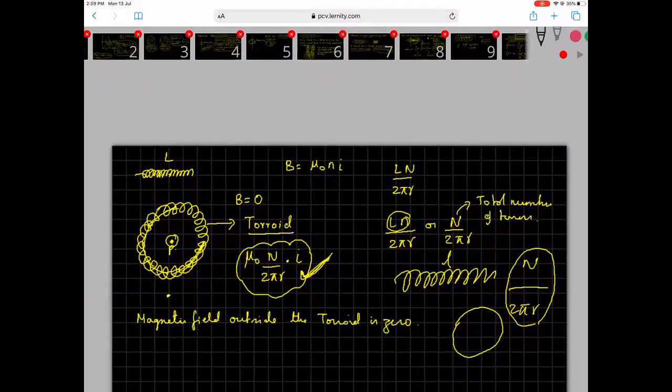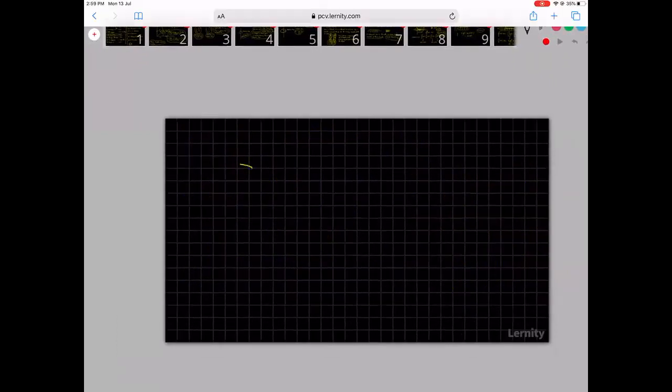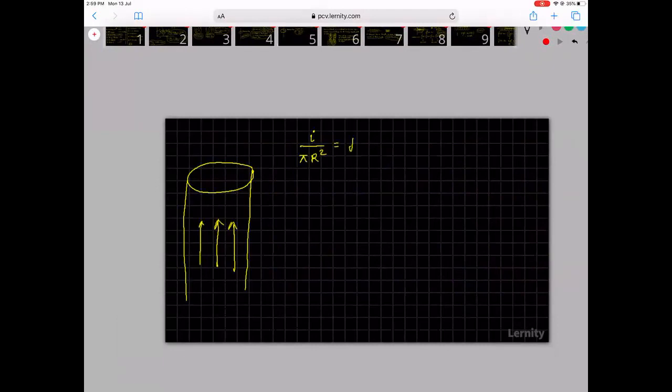Then I have a cylindrical wire, and I'm passing a current through it. So when I'm passing a current through it, I by pi R squared is equal to J, the current density. Now if I draw an Amperean loop here, there is some current passing through it.